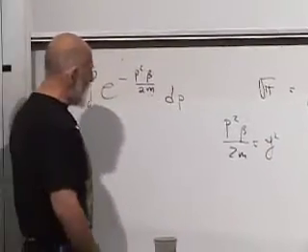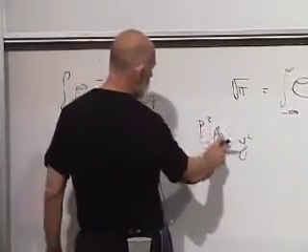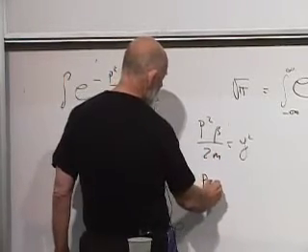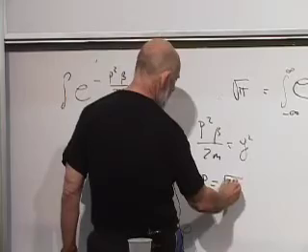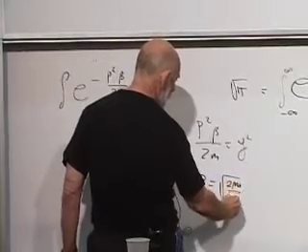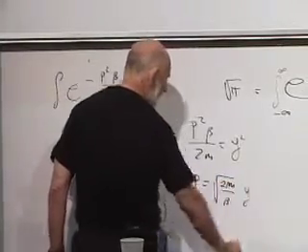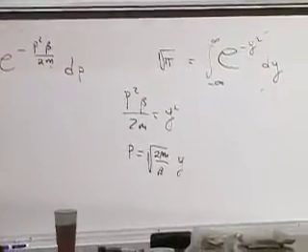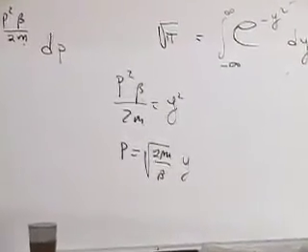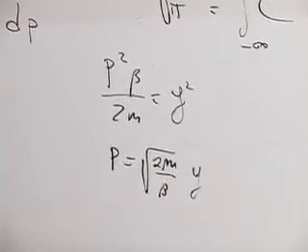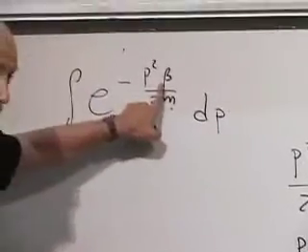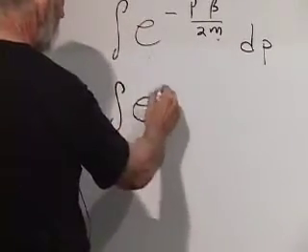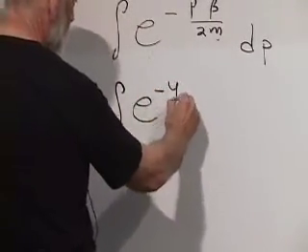That just means that p is equal to the square root of 2m over beta times y. Then p squared will be 2m over beta times y squared, and what's in the exponent will just be simple. It will be e to the minus y squared.